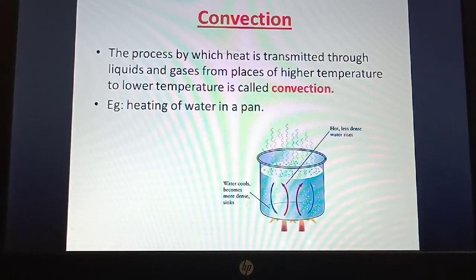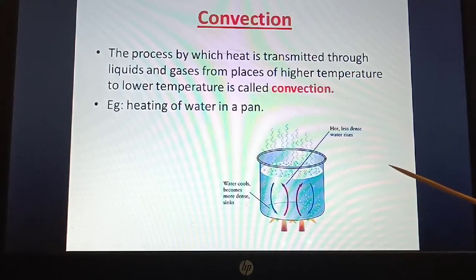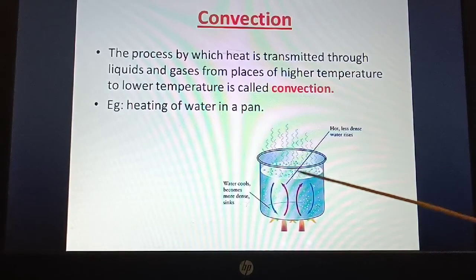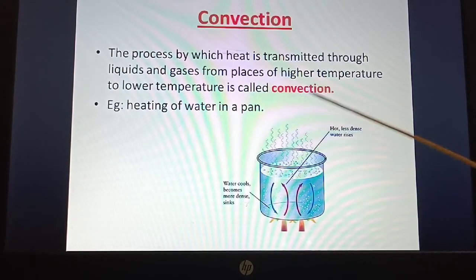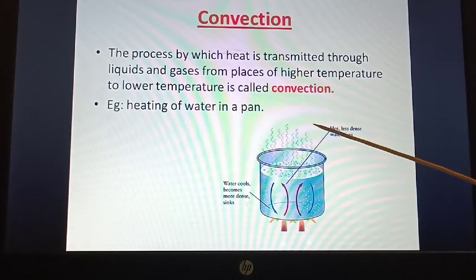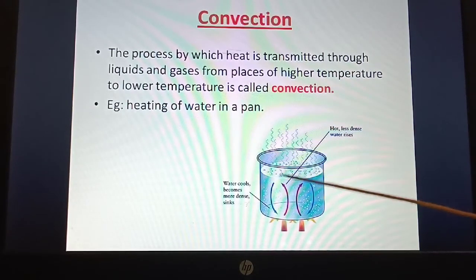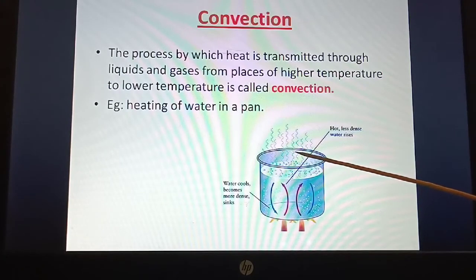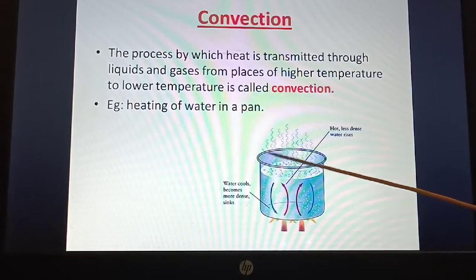For example, heating of water in a pan or a vessel. You are heating water. So you see water gets boiled and also you can see steam, isn't it? So this will occur in liquids and gases, and heat will pass from higher temperature to lower temperature.